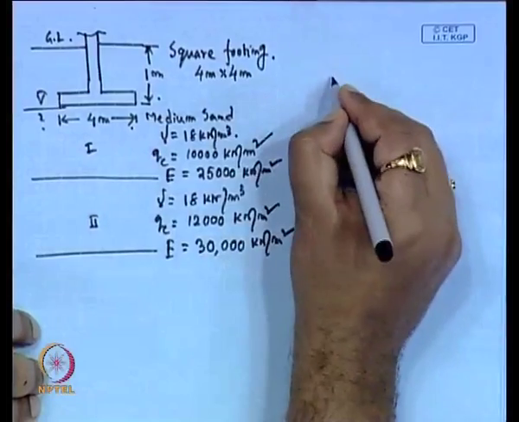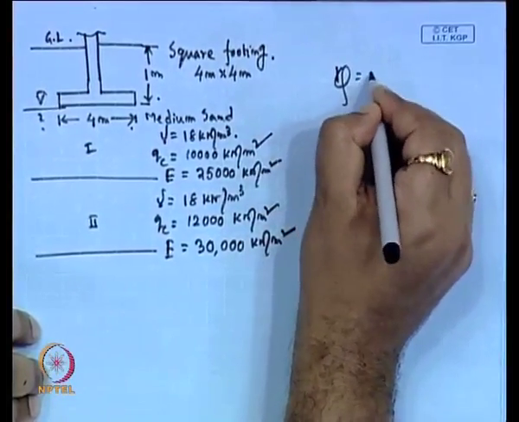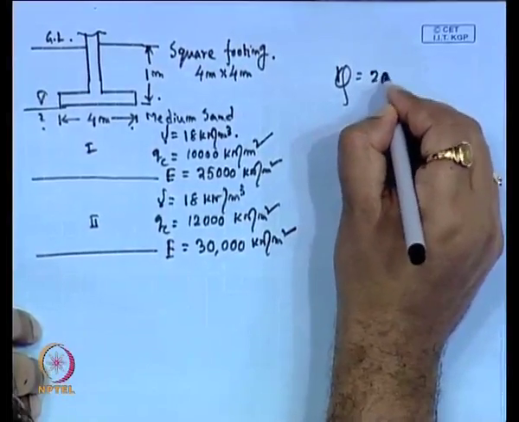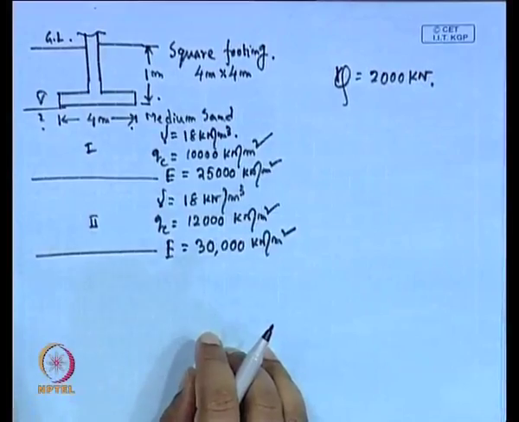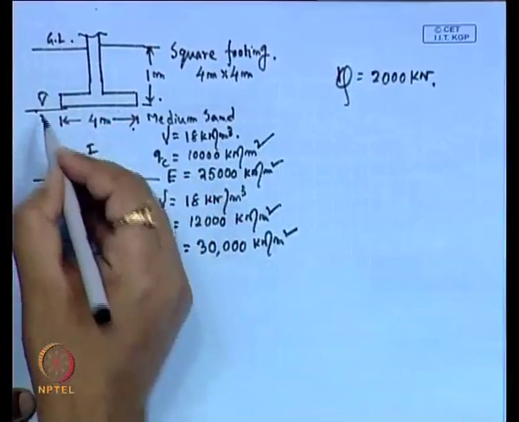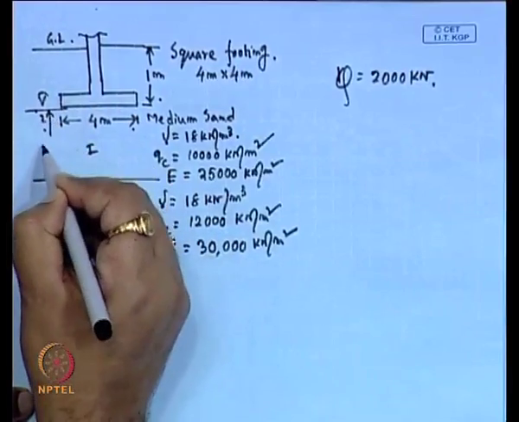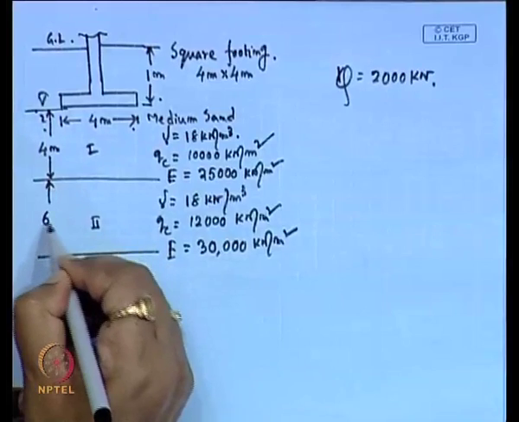The total load Q coming is 2000 kilonewton. The first layer thickness is 4 meter and the second layer thickness is 6 meter.